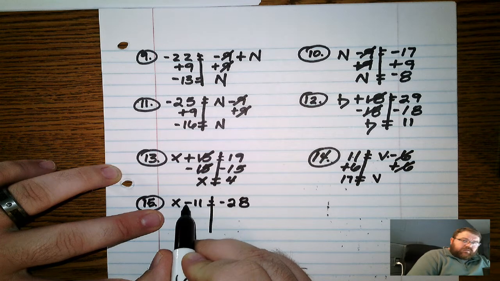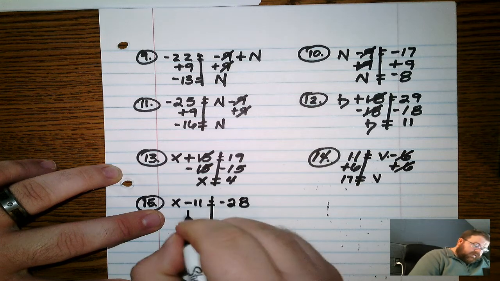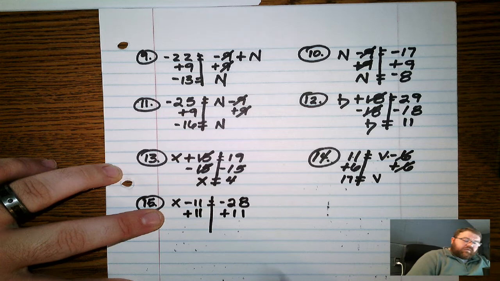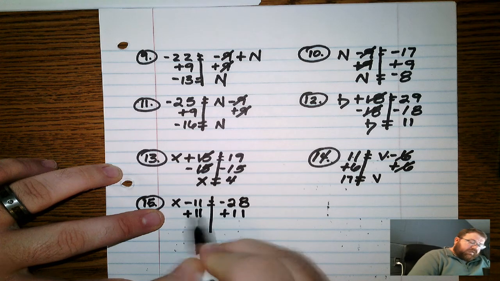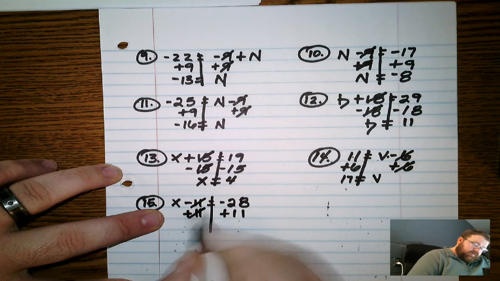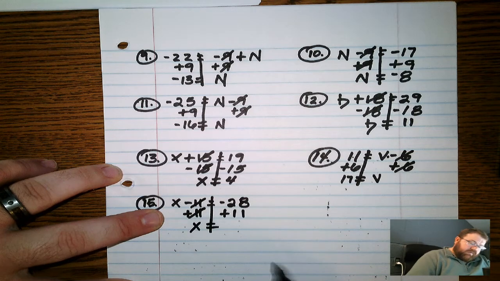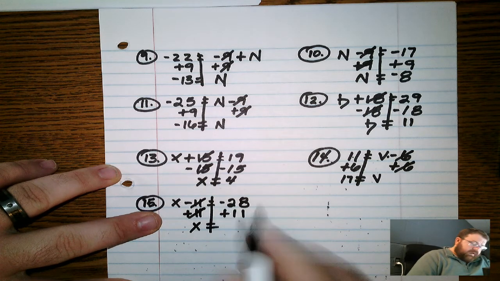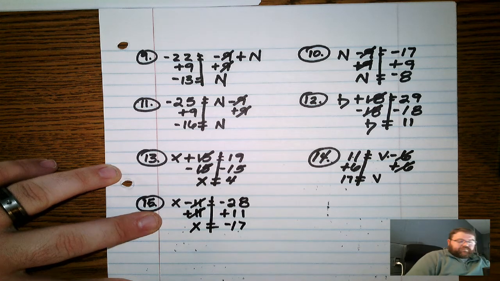It's subtracting, so I'm going to add 11 to both sides. Negative 11 plus 11 is 0. Leaves you with x equals negative 28 plus 11, which is negative 17.